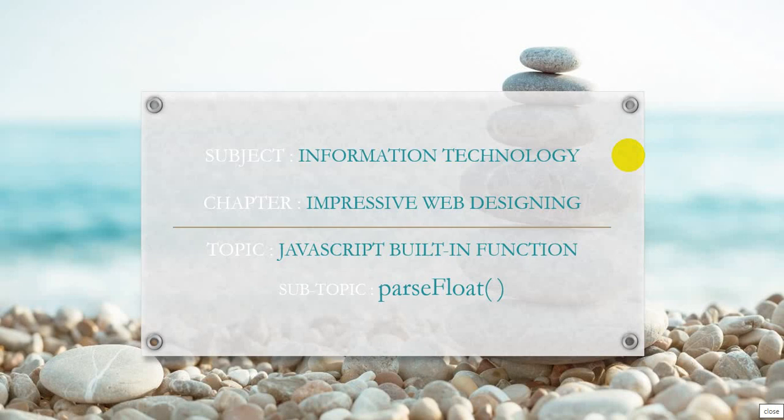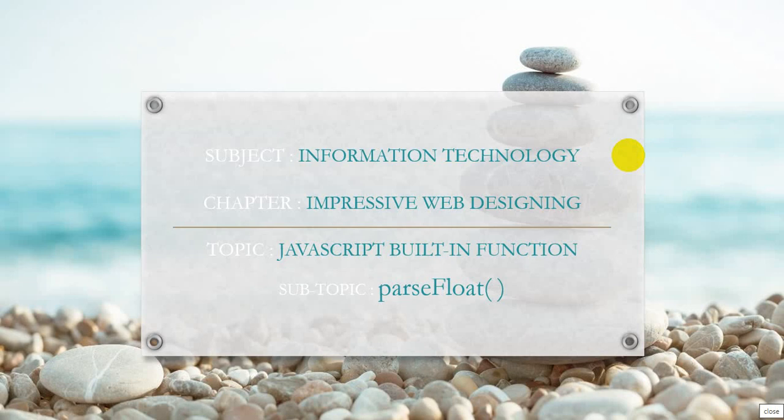But now we are moving towards some conversion functions. Like we have seen parseInt, in which we accept a value from the user and convert it into an integer value, that is a full number value. Now parseFloat is similar to your parseInt function, where we are going to convert your string value into a decimal value.